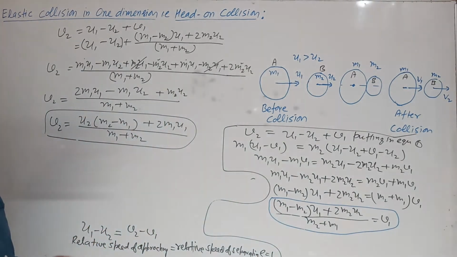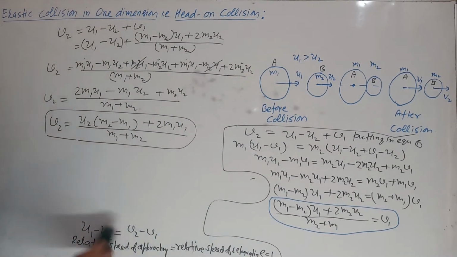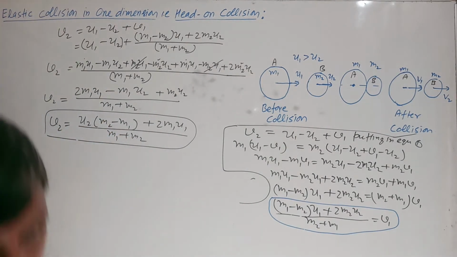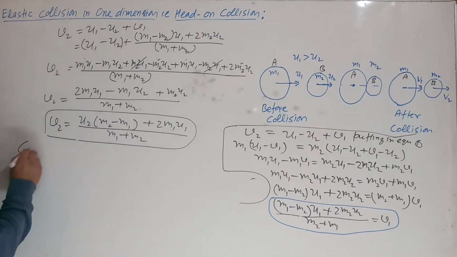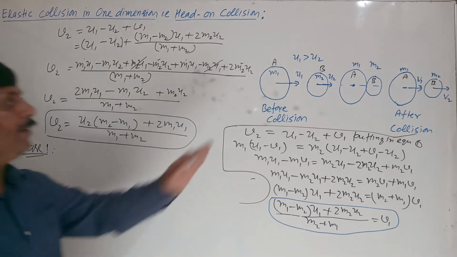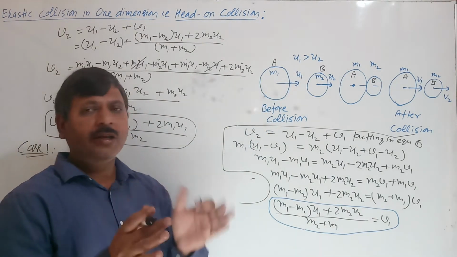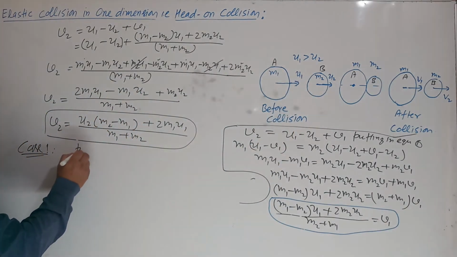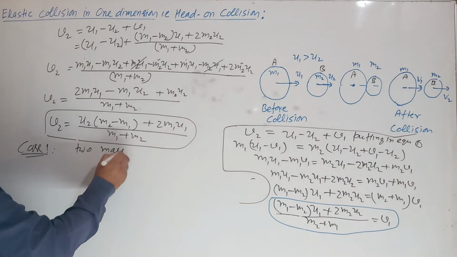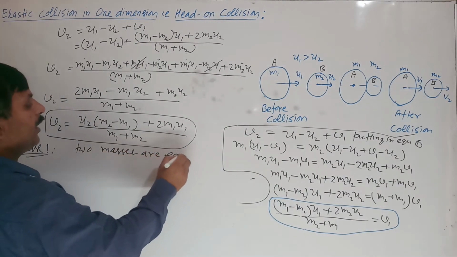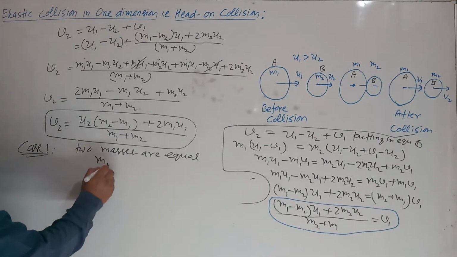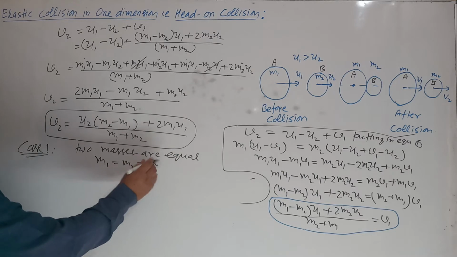Okay, one more thing: we can use some cases here. We can talk about some cases. Suppose in one case I have taken that the two masses of the colliding bodies are equal. Two identical objects are colliding, meaning m1 is equal to m2 is equal to m.